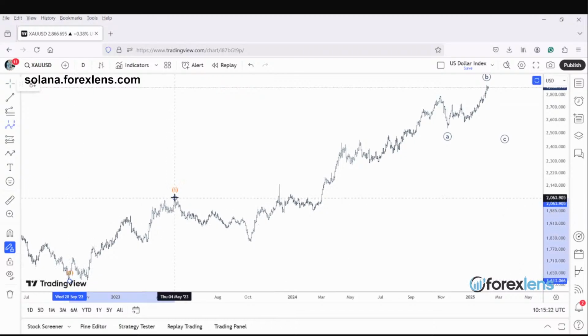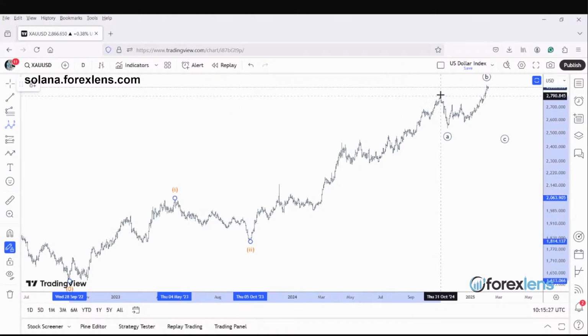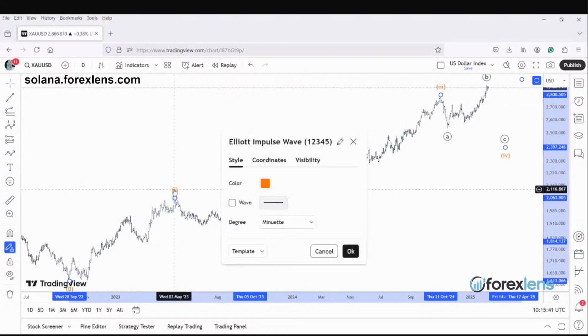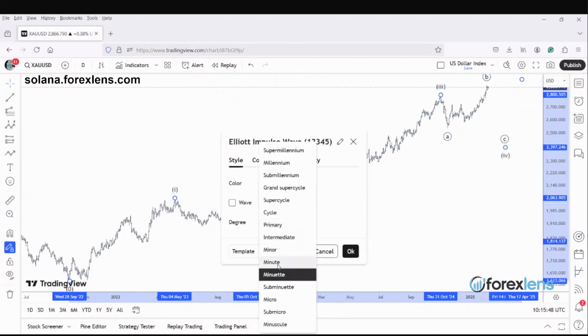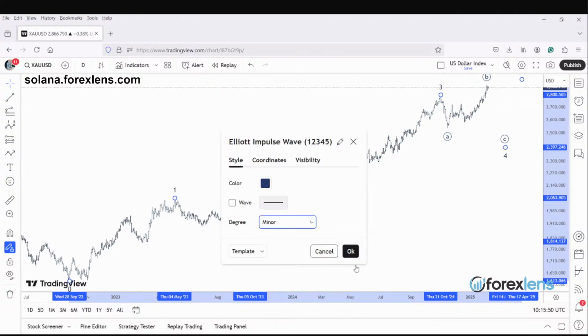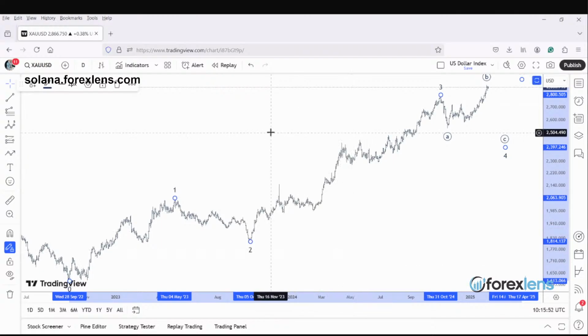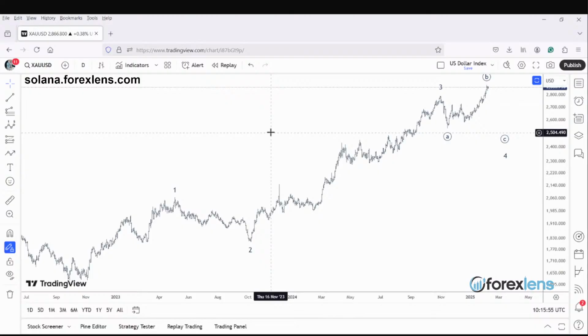But for it to turn out as an expanded flat, it has to really reverse very sharply, either from here or possibly making a new high around 2888, 2890. Otherwise, the fifth wave is poised to go around the 3150 levels. This is the larger degree count or larger degree move for gold.